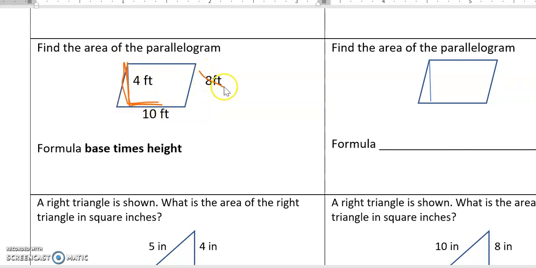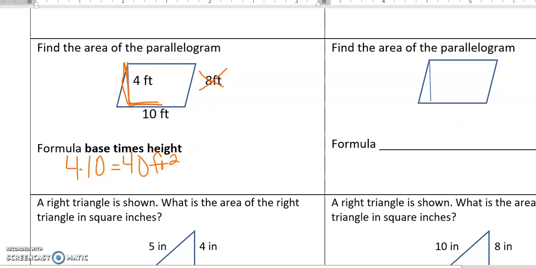That means I don't need this number at all. So all I'm going to do is just multiply 4 times 10. There is nothing else to do besides multiply 4 times 10, which is 40. And here I will use feet squared because again, I want you all to get used to seeing both units. So again, that is how you find the area of a parallelogram.